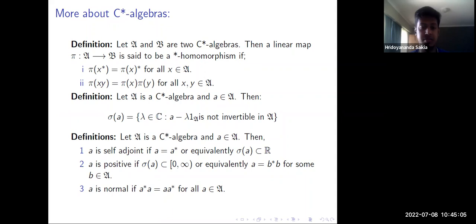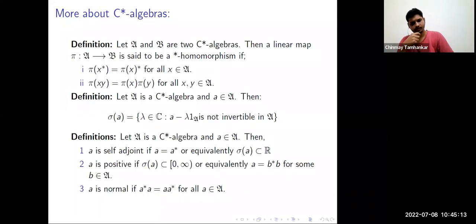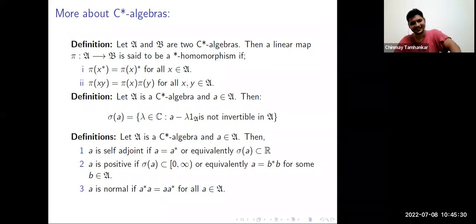So ignore the "for all" part of it. These first two points are true only when a is normal. That's why I wanted to write the third point first, but somehow I assumed it already. I'm sorry for that.